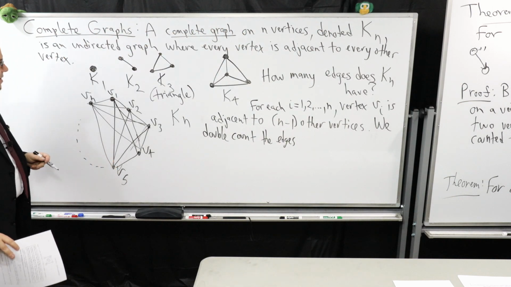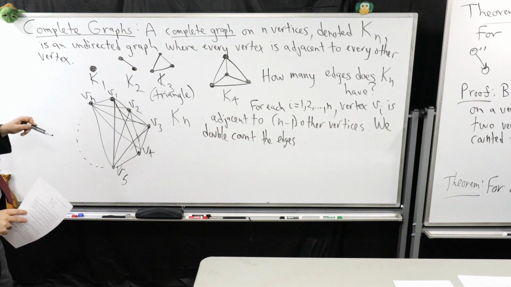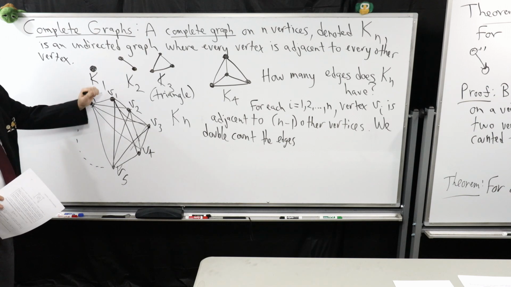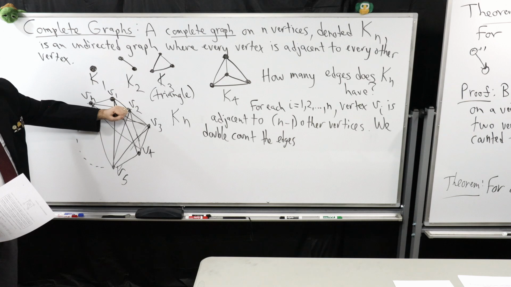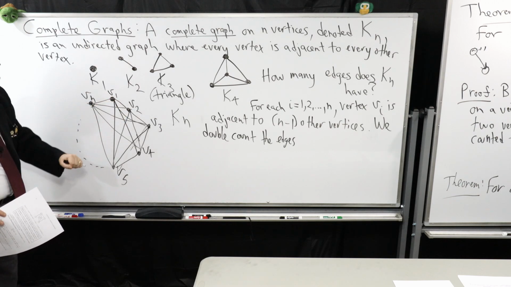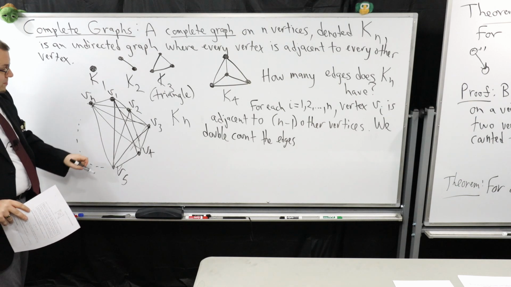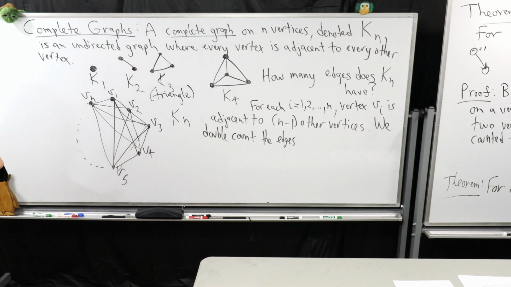Every time I say vertex vi is adjacent to n minus 1 other vertices, I might be counting edges that I already counted before. Notice that this edge I already accounted for when I looked at v1. Same idea with v3, each one of those. I'm going to actually count each edge twice.